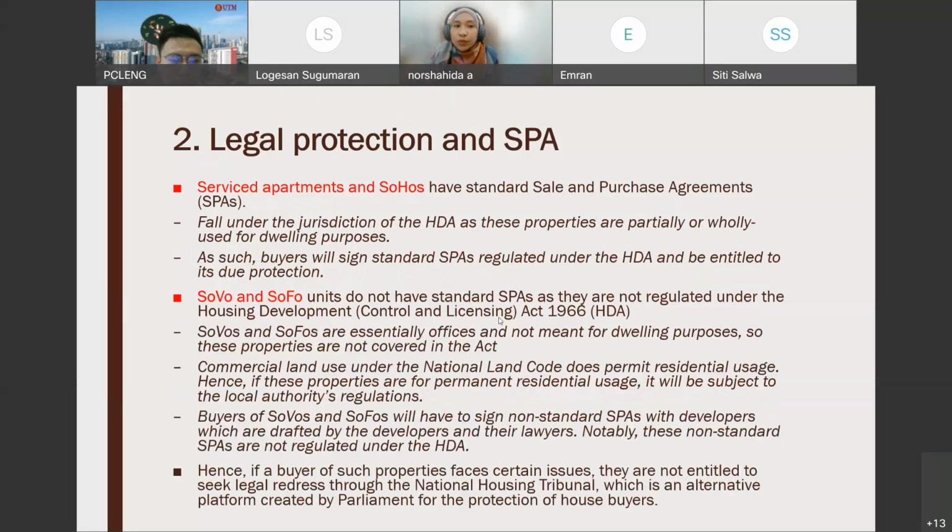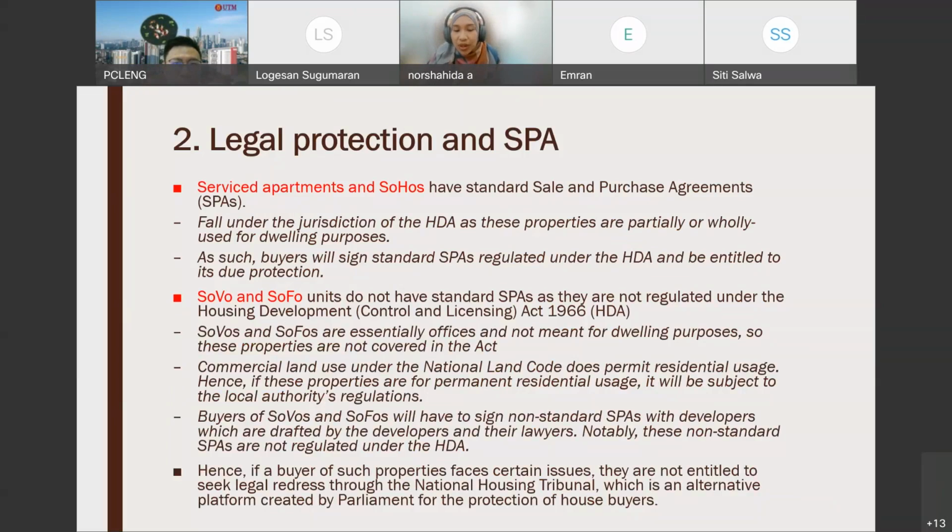Okay, in terms of legal protection, service apartments and SOHO have a standard sale and purchase agreement which falls under the jurisdiction of the Housing Development Act, HDA, as these properties are partially or wholly used for dwelling purposes. Because there is dwelling. So it is stated there that its nature is shop office, home office.